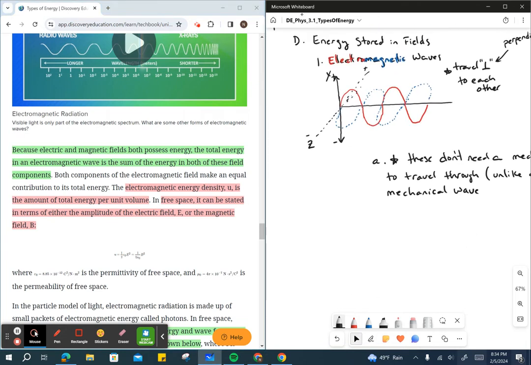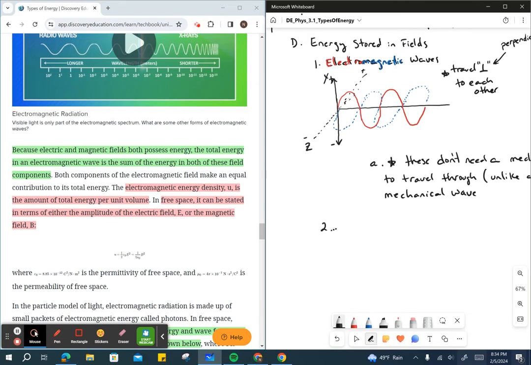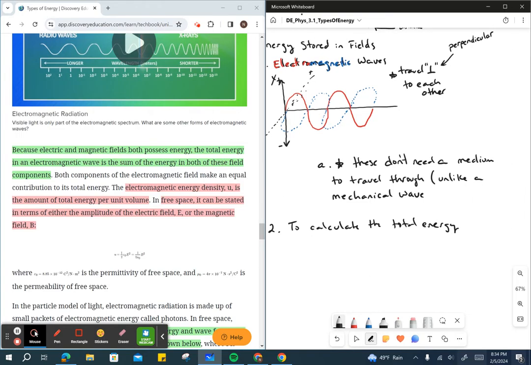So to calculate the total energy in an electromagnetic wave, you have to take the sum, that means to add, of each part.